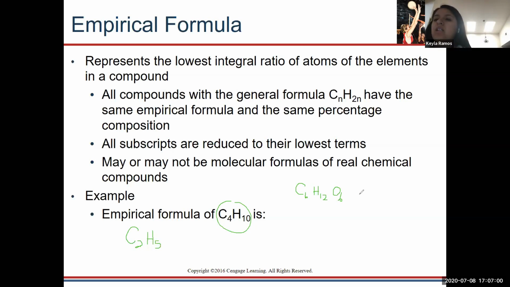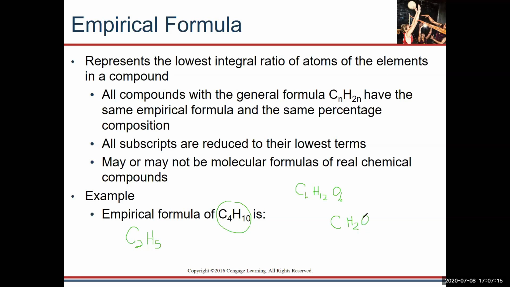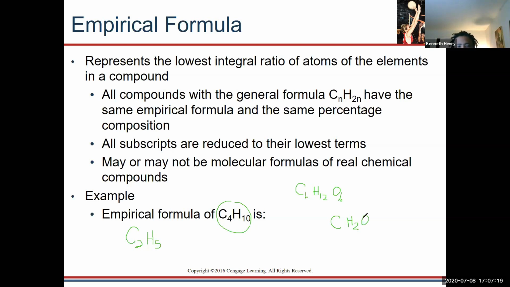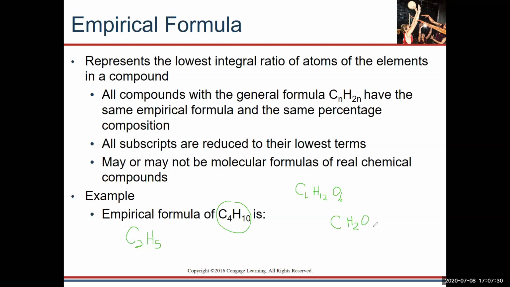So it'll be CH2O. Okay, piece of cake? So it's just like simplifying, right? You're dividing it by 6, so that you still have a whole number, right? So I divided everything here by 6. So CH2O. Yeah, that makes sense.